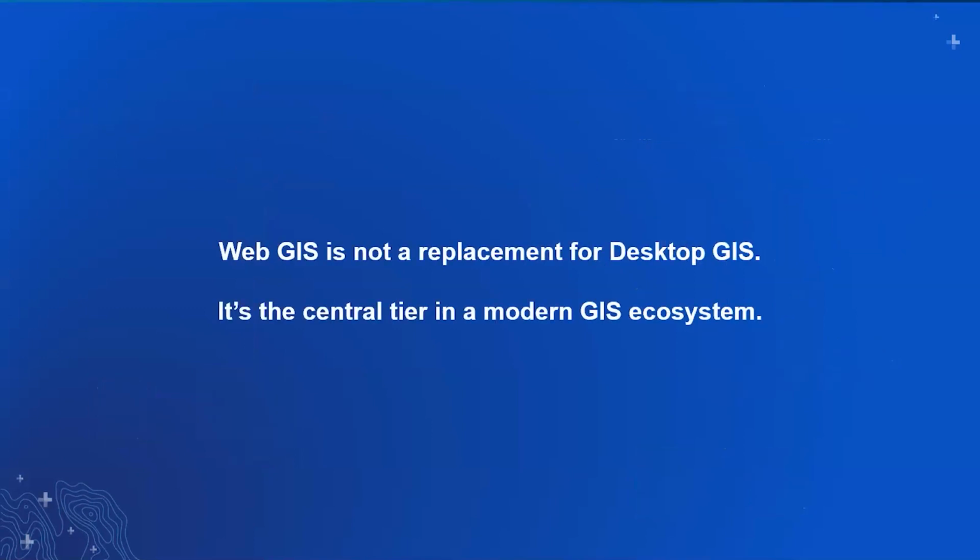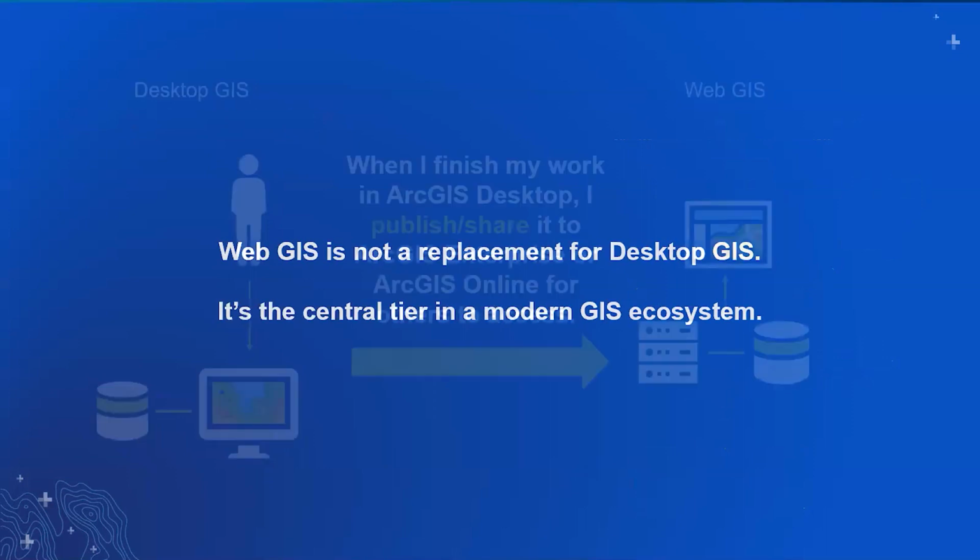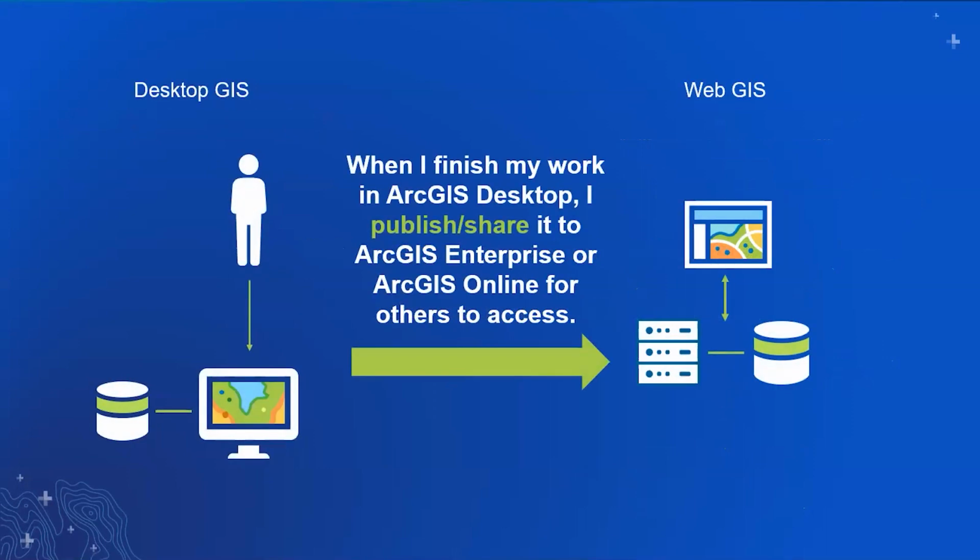But just as a caveat, Web GIS is not a replacement for desktop GIS. It's a central tier in a modern GIS system. How we really see Web GIS is as the way to publish and share information to the ArcGIS Enterprise or ArcGIS Online for others to access.